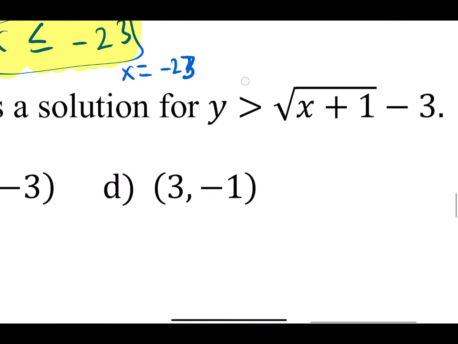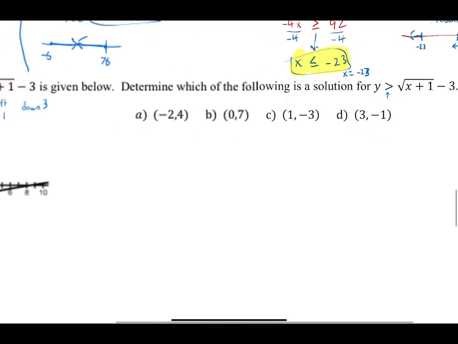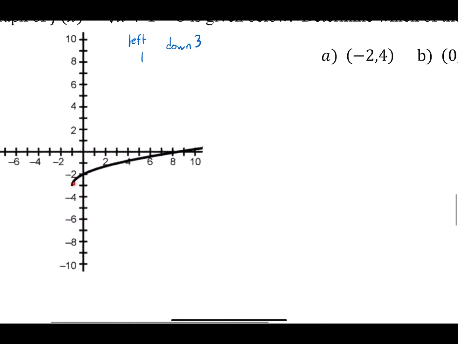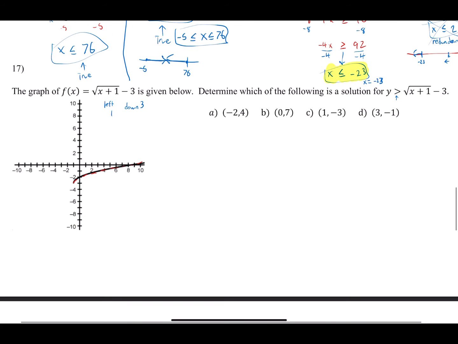So we have to recall, what does it mean when our inequality is just greater than, not equal to? That means nothing on this actual function is a solution. We can't equal this line. We can't be on this line. We would normally show this with a dotted line. I'll show it in color. If you put any point on that line, it's not a solution because it would be equal to, and we're not allowed to be equal to.